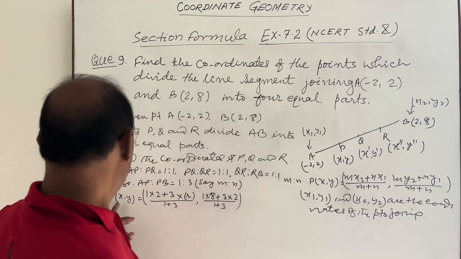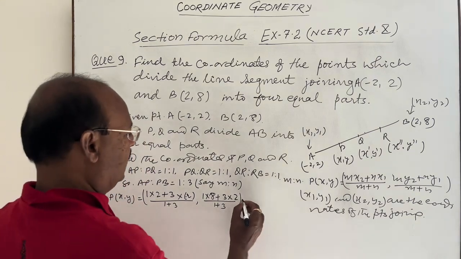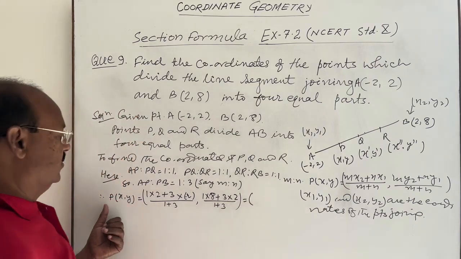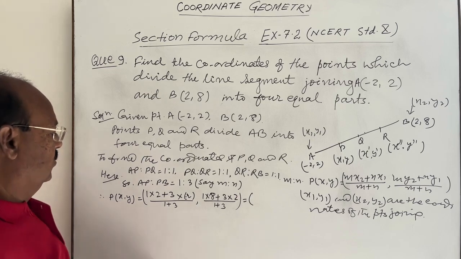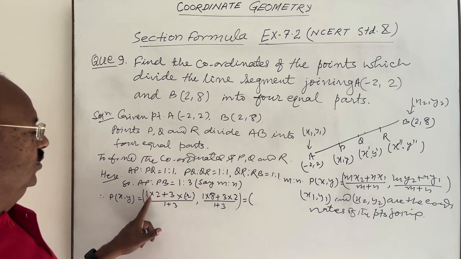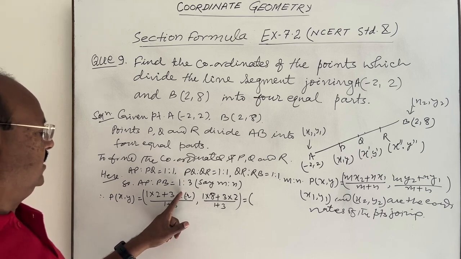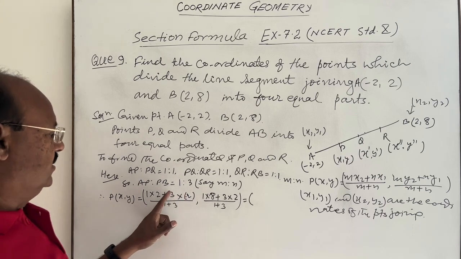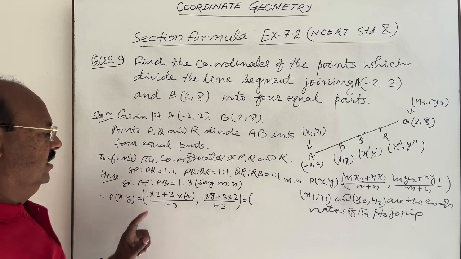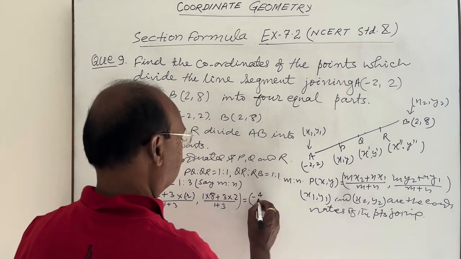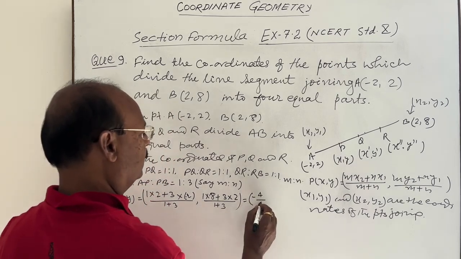These are the values of x and y. Let us simplify it. We'll get the coordinates of this point P. So this is 1 into 2, which is 2, and here minus 6. So minus 6 plus 2 is minus 4, and the denominator is 4.